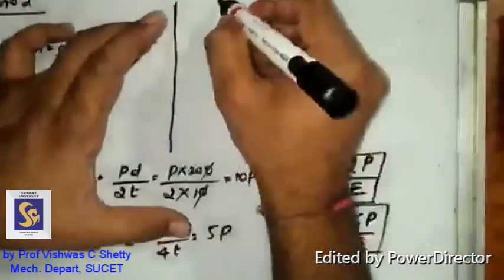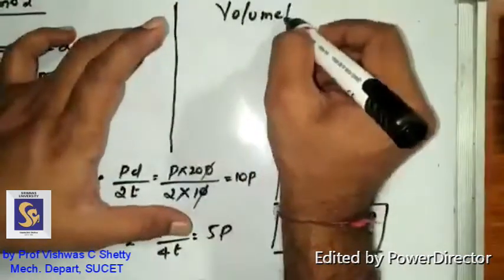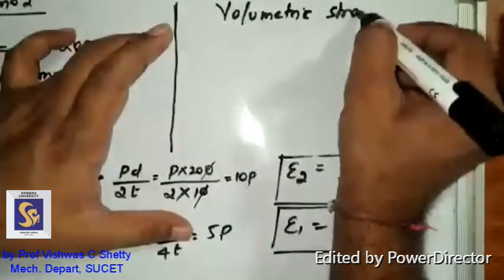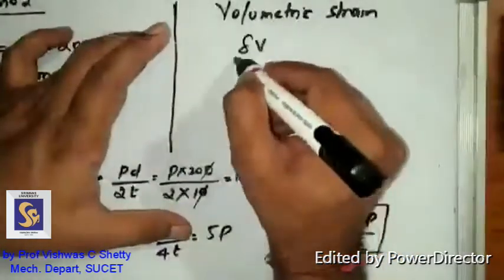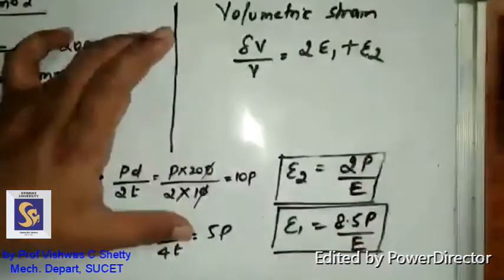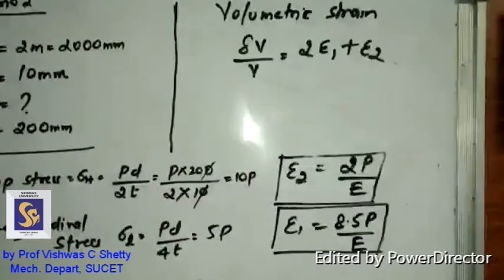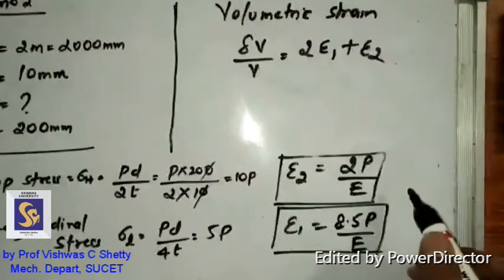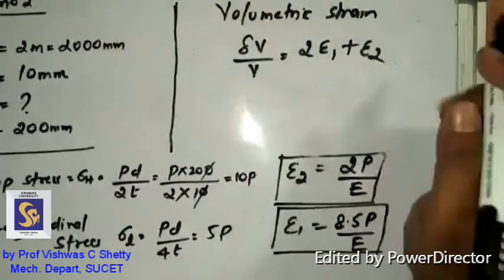Correct? Now take these epsilon 1 and epsilon 2 values and substitute them here.